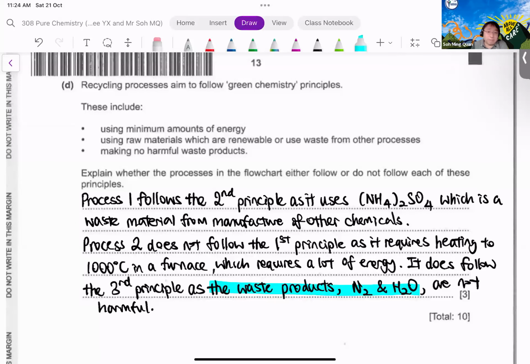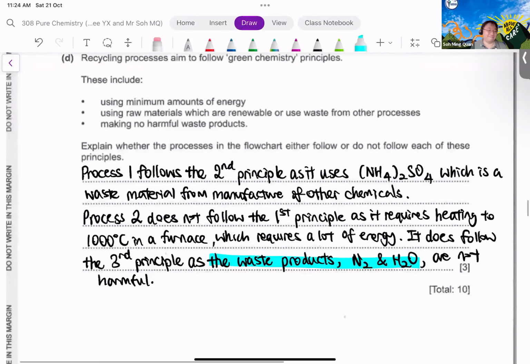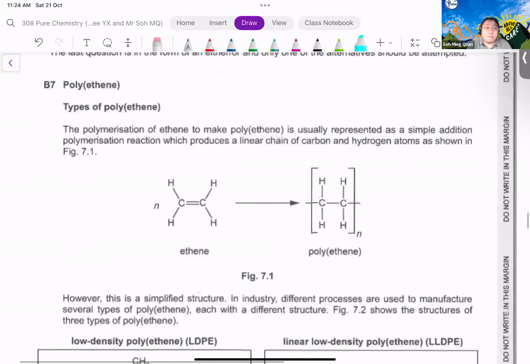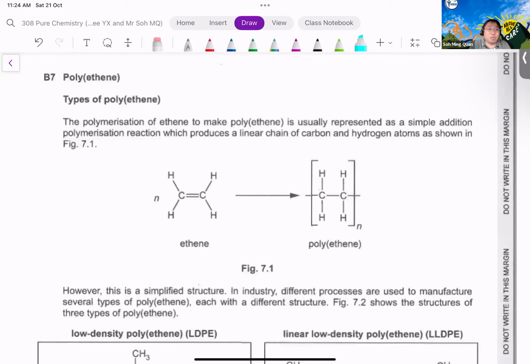Now, moving on to the database. Okay, we have gone through this actually in class before when we were doing polymerization. Now, this is all about polyethylene, and I'm sure you know that polyethylene is a polymer. It's made from ethene monomers, and the reaction is addition polymerization.